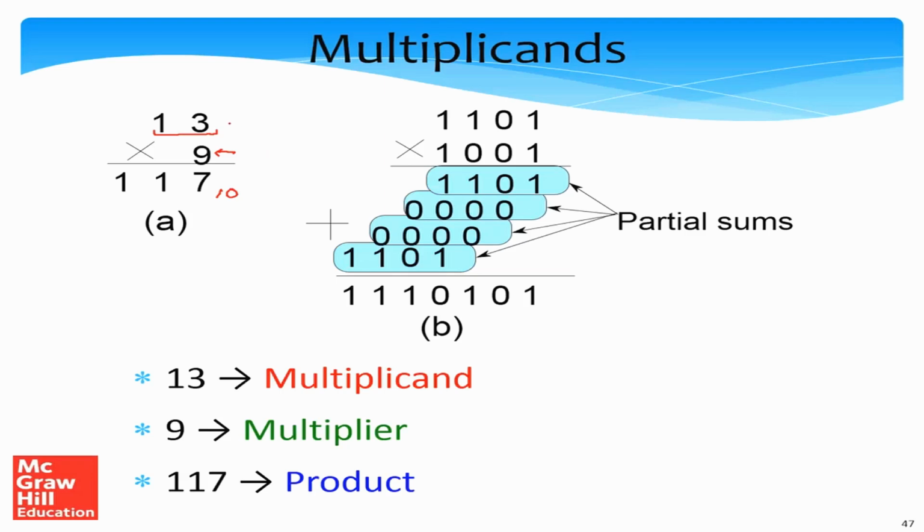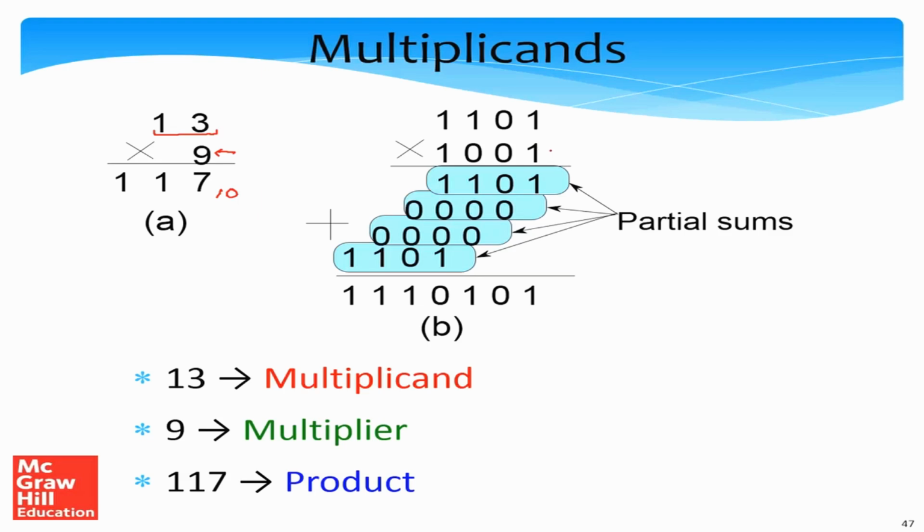In this case 13 is written at the top, so that's the multiplicand, and 9 is the multiplier, and 117 is the product. So in this case 1101, which is the binary representation of 13, is the multiplicand, and 9 is the multiplier.